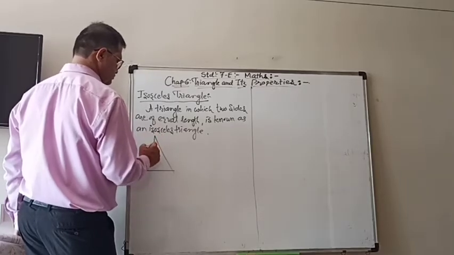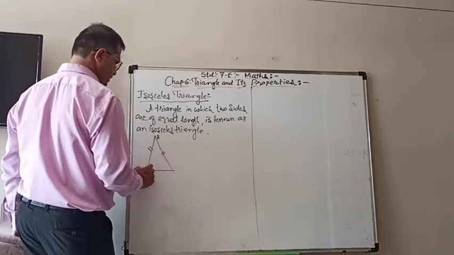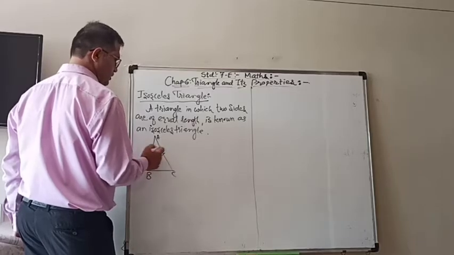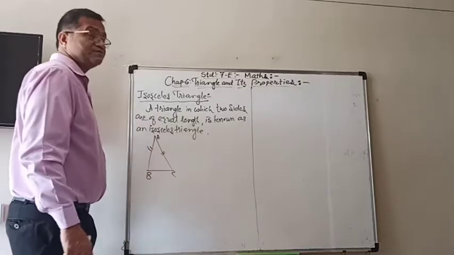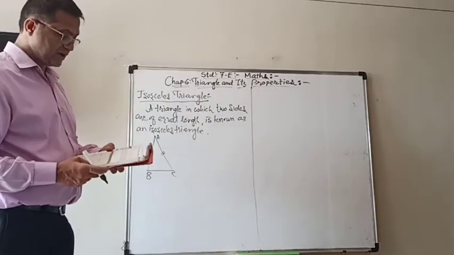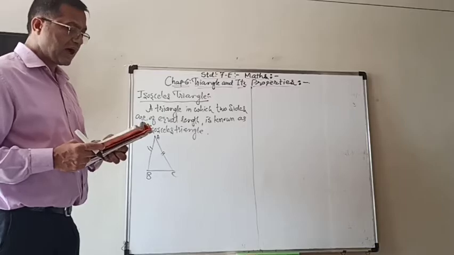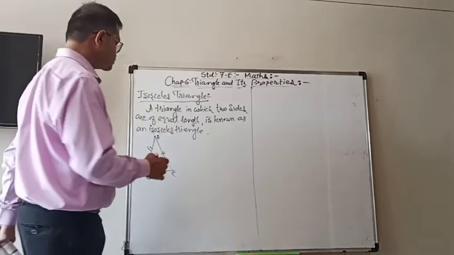Suppose here in triangle ABC, these two sides are equal, AB and AC, and therefore we can say that it is an isosceles triangle.